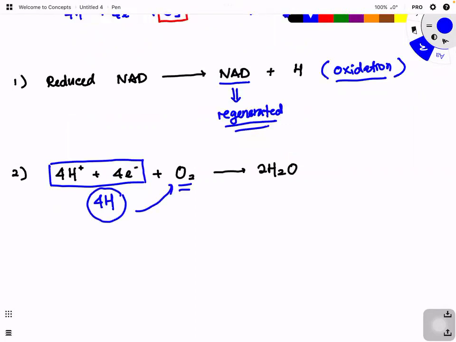When something accepts hydrogen atoms, this is a reduction process, and we know that redox always goes together. So if we don't have O2, there is no reduction, which means no oxidation, and NAD cannot be regenerated.